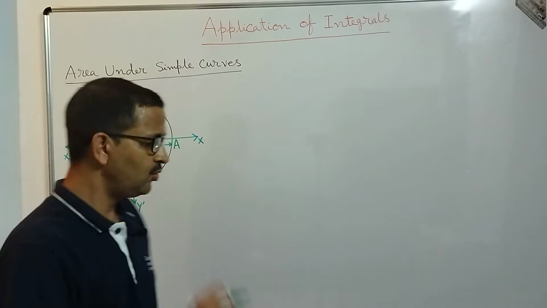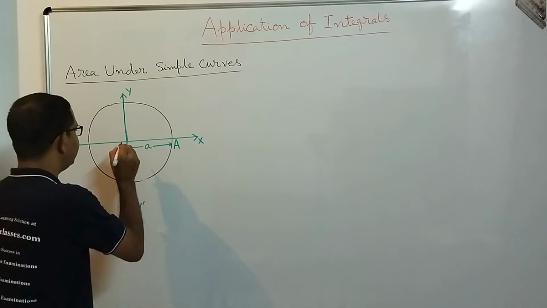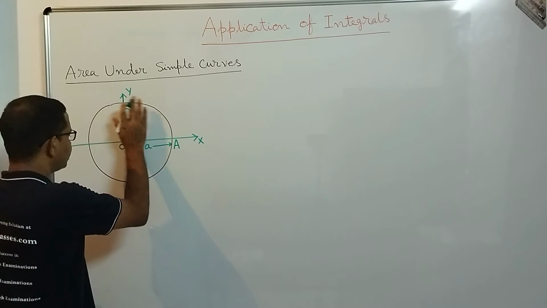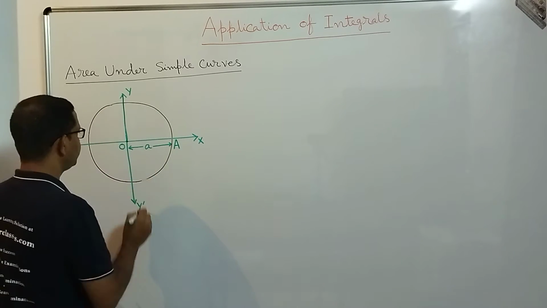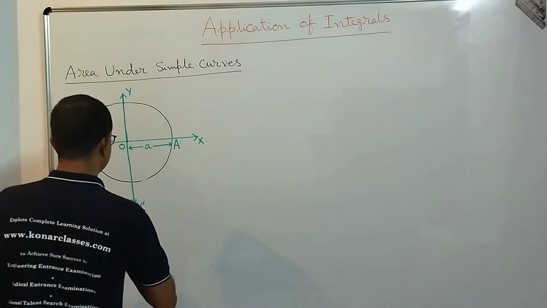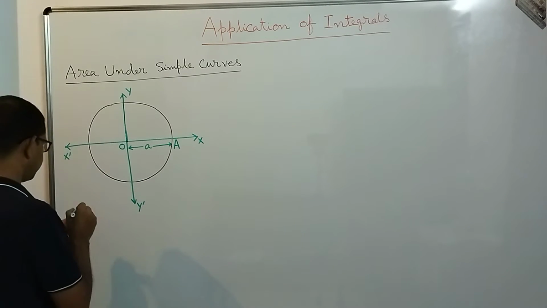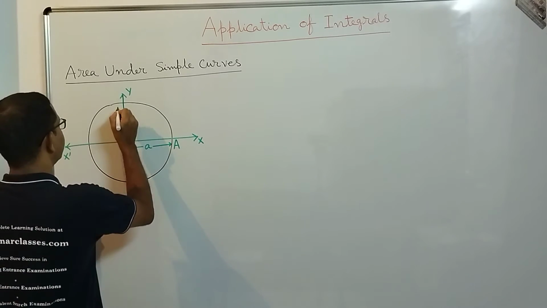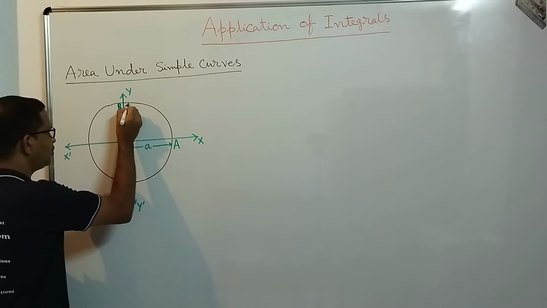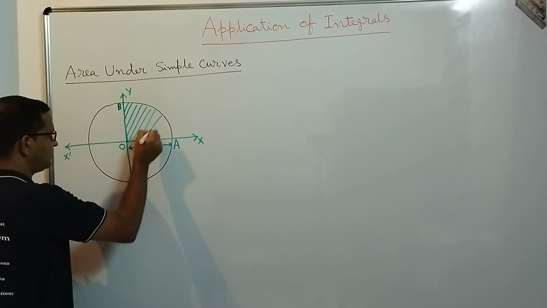Now we know that this circle we have constructed in such a manner that its center is at the point O. Then this circle is symmetric with respect to both the x-axis and the y-axis. That means what? If we consider this point as B, then what is the area of this entire circle? It will be 4 times the area of this quadrant of this circle, right?